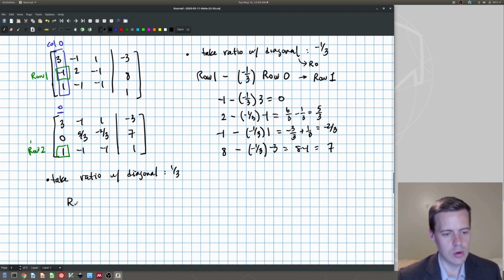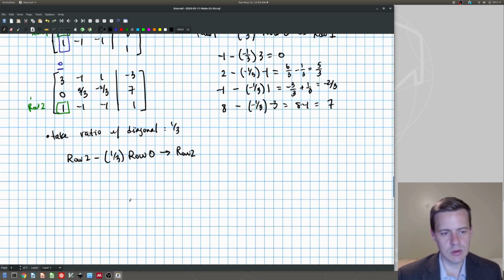Okay, and I'm going to do row 2 minus 1/3 times row, which row? 0. Okay, because I want to compare to that one right there, and I want to get rid of that guy. Because I'm working on column 0 to get rid of that one. Okay, and I'm going to use that to replace row 2. Right? I'll do this one a little bit quicker.